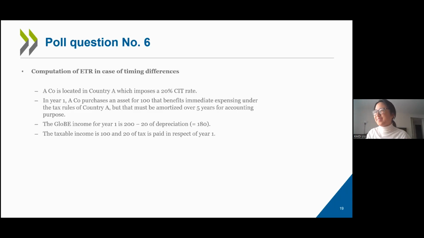So now we need to do a little bit of math. So the question is, we can launch the next polling question. What is the ETR for ACO in year 1?